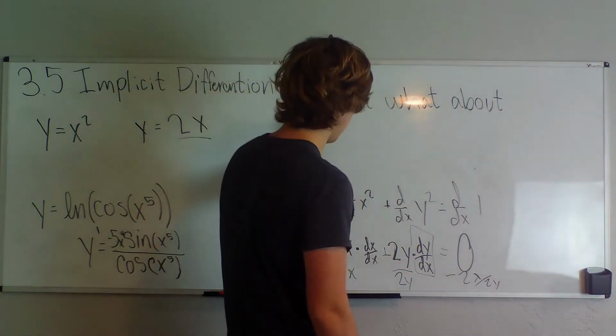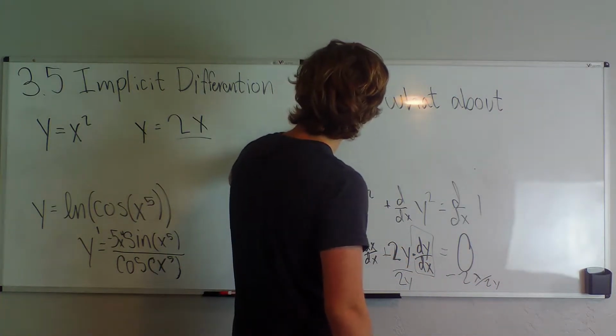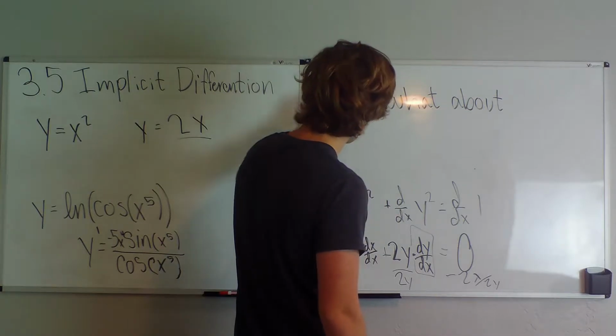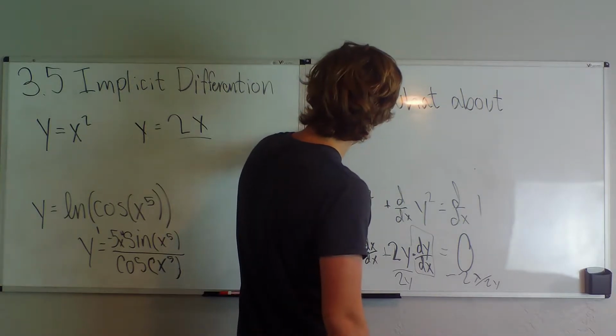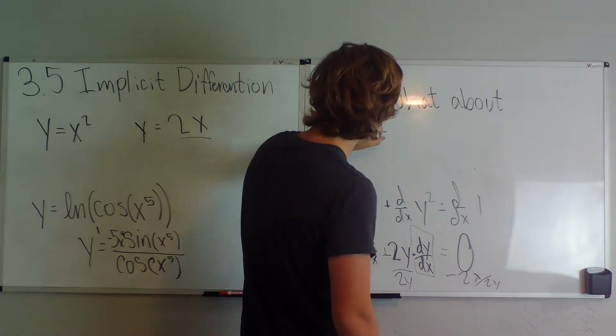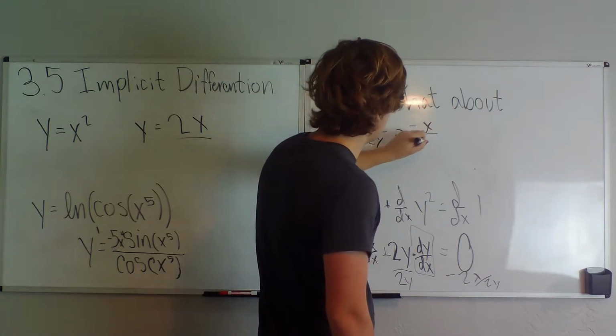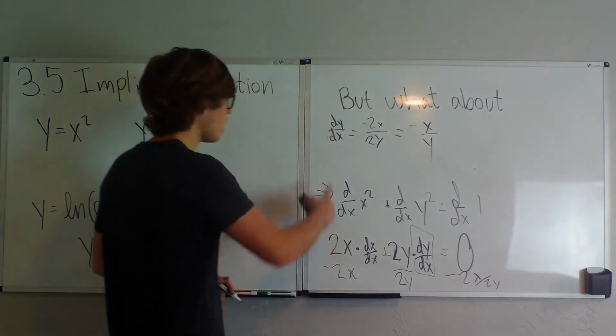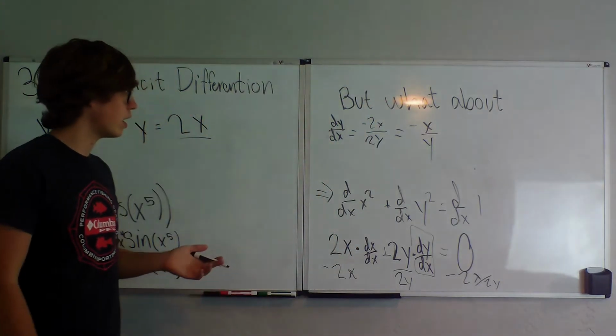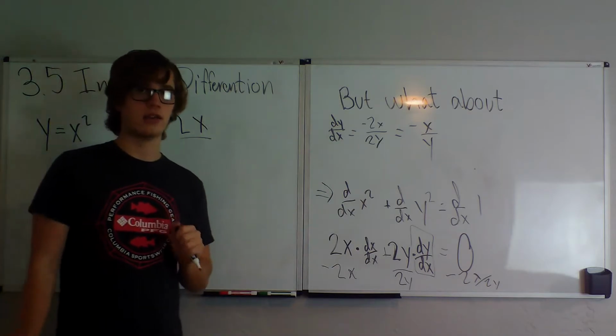What do we get? Well, we get dy dx is equal to negative 2x over 2y, and that's just equal to negative x over y. And we're like, hey, the derivative of y, dy dx, is equal to negative x over y.